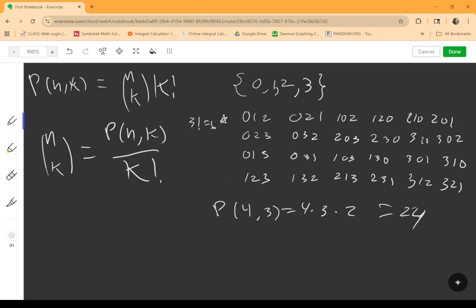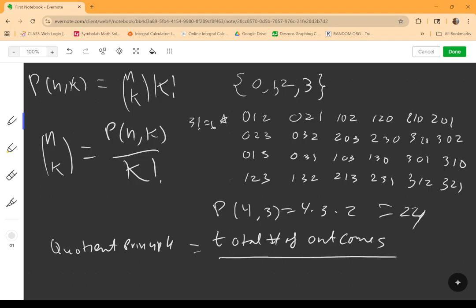All right, so what the quotient principle is stating here is that we want the total number of outcomes over the group size to be equal to the number of true outcomes.